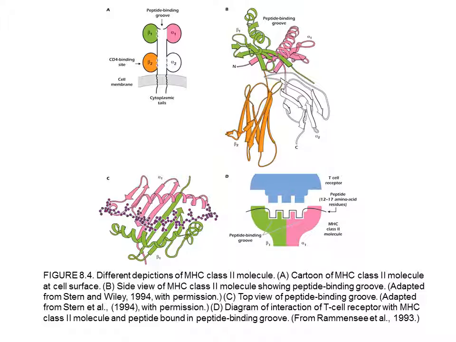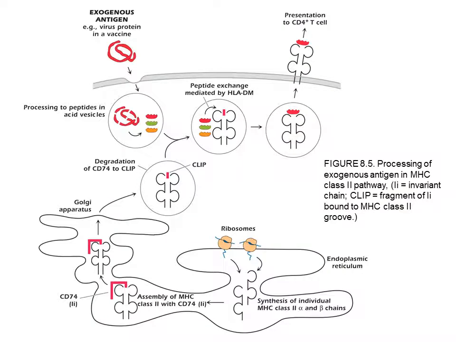Okay? Now, let me give you an example of how, in real time, an antigen comes and what goes on in terms of processing of the antigen. So the antigen comes and it now has to be processed by the cell. Okay, now let me give you another term.